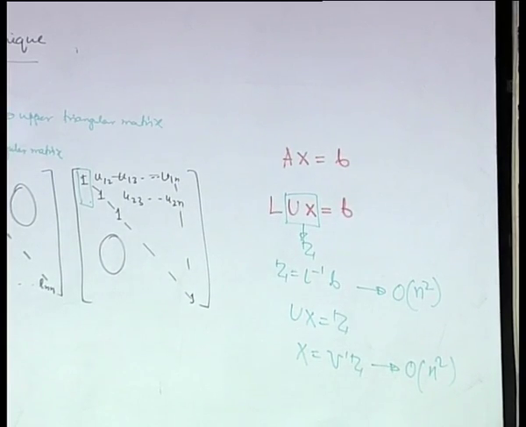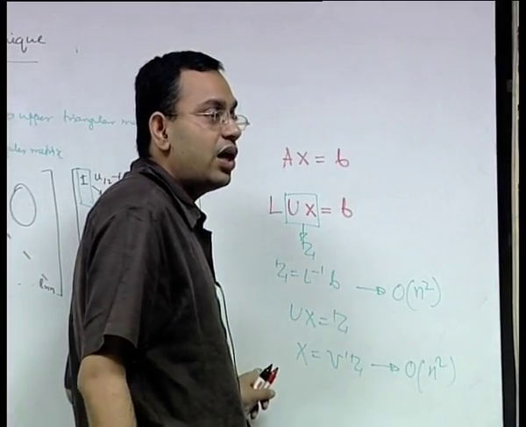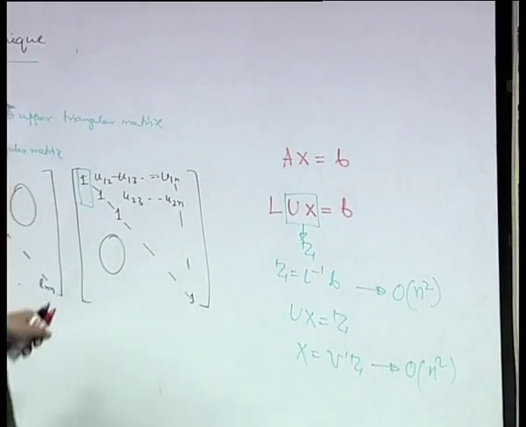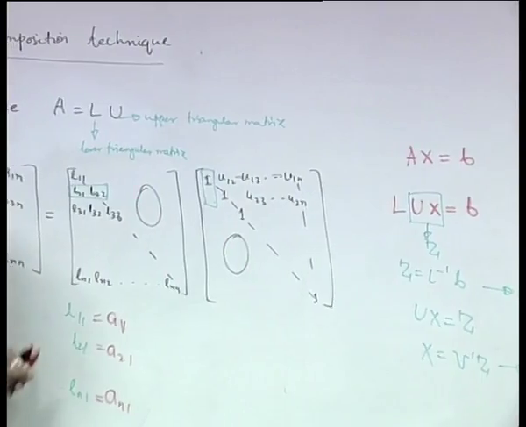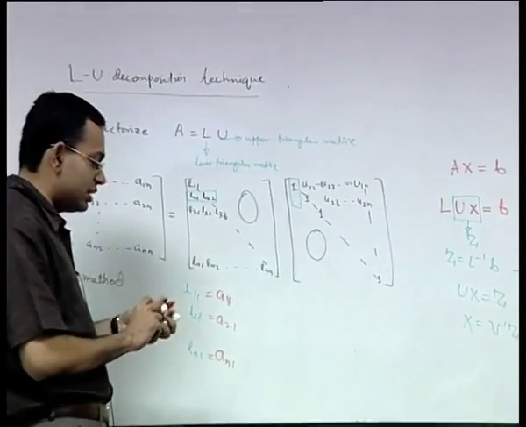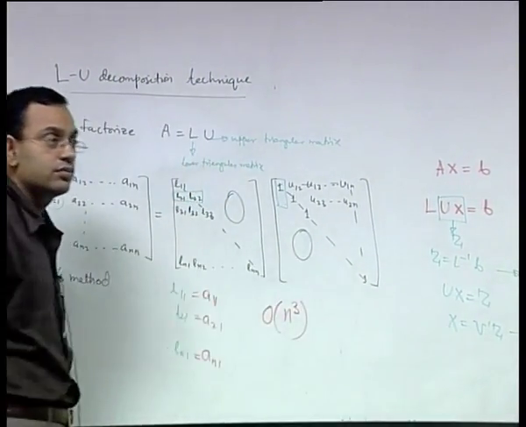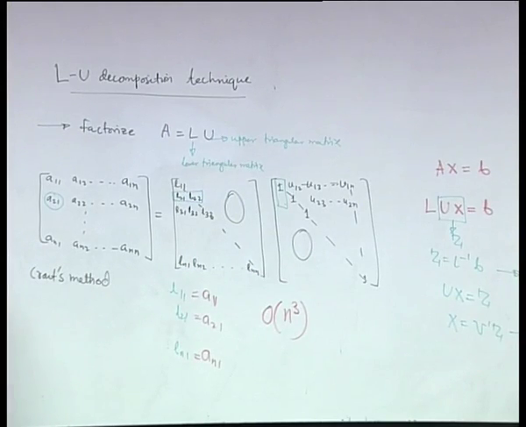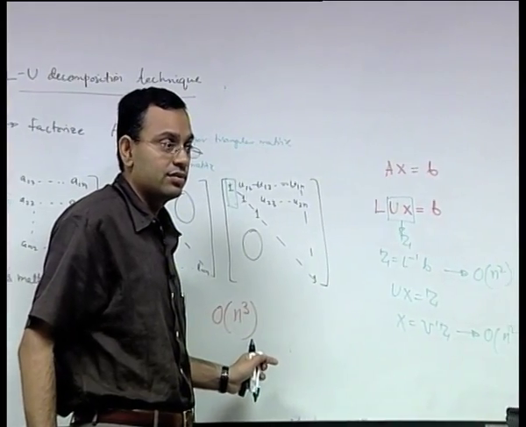Why is that elusive? Because by assessing the algorithm in this way, you have not taken care of the fact that you require some calculations also for this factorization, and calculation for this factorization comes out to be of the order of n cube. So, it actually does not outweigh this one.